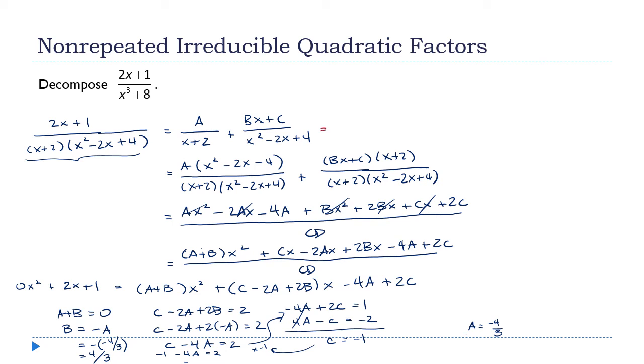This is minus 4/3 times 1 over x plus 2, plus, let me make sure I get these right, I need B, which is 4/3. So that's 4/3 x, and C is minus 1, minus 1 over x squared minus 2x plus 4. And that's my answer. I would stop there. You really don't need to clean that up any further.